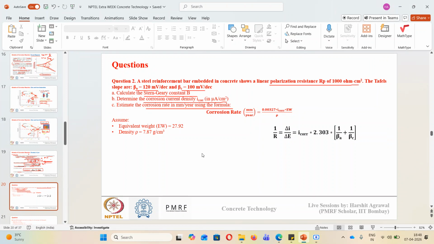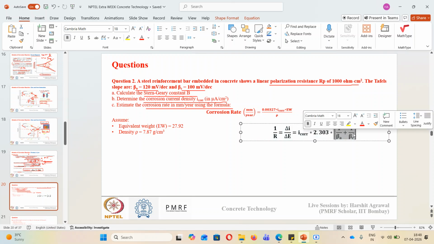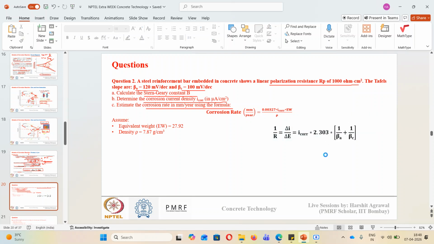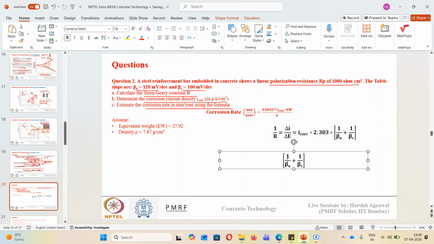You know the polarization resistance and you know the Tafel constants, so you need to give me the Stern-Geary constant. The Stern-Geary constant is this: 1 upon beta a plus 1 upon beta c. This is generally presented by a single term which is known as B, and this B is known as the Stern-Geary constant.